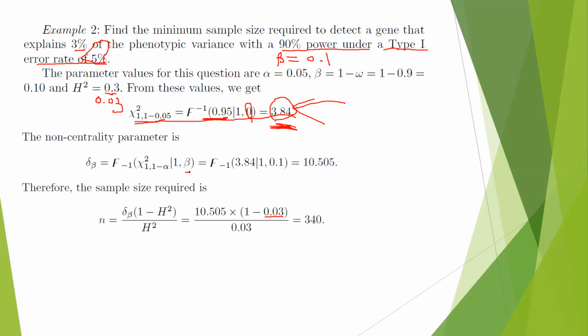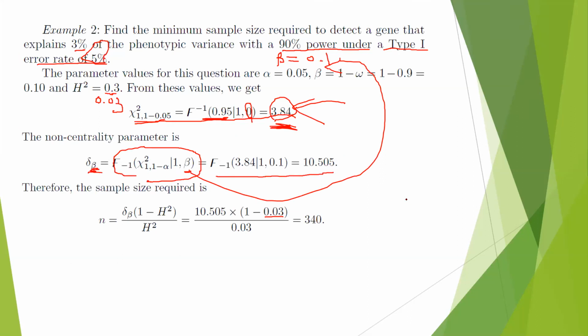If we define beta equal to 0.1, then I'm going to show you next time how we use the chi-square to calculate the non-centrality parameter using this. So this will give you this, right? We calculated the non-centrality parameter based on this power and this cutoff, and this is the value.